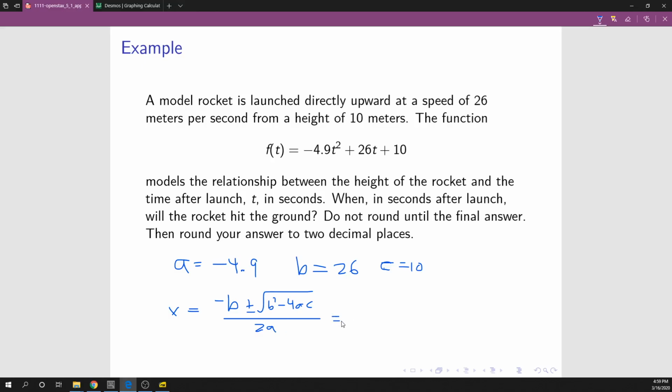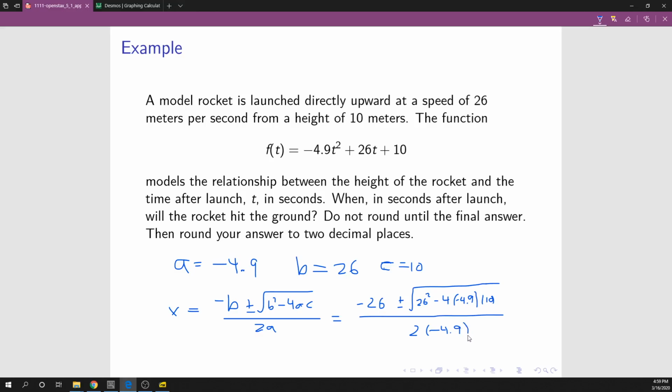All right, so that's going to be negative 26 plus or minus the square root of B squared minus 4 times A times C, all over 2A. Man, that was hard.